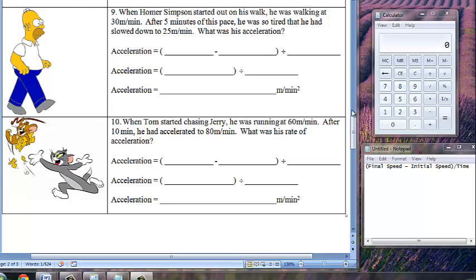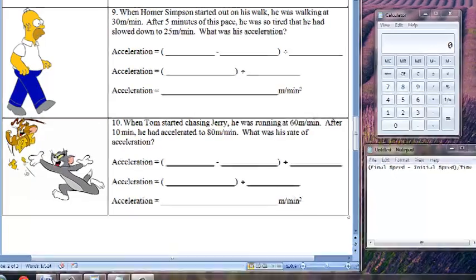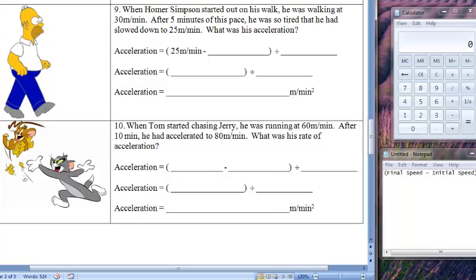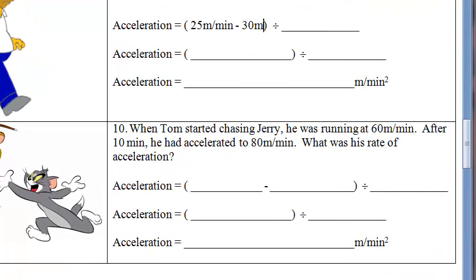In order to plug in this equation, the final speed minus initial speed divided by time, we need to look at the speeds first. His final speed was 25 meters per minute. That means that his initial speed must have been 30 meters per minute. Now find the time. 5 minutes.